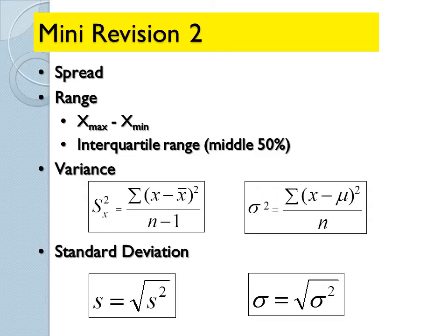What I want you to notice is that anything for the sample is represented by Roman or Latin letters, so the S in this case, whereas for the population it's Greek letters, and this is sigma. When you square root the variance to calculate the standard deviation, you are then able to use the original unit of measurement. So for example, if our data was weight, then obviously everyone's weight in our country would be measured in kilograms.